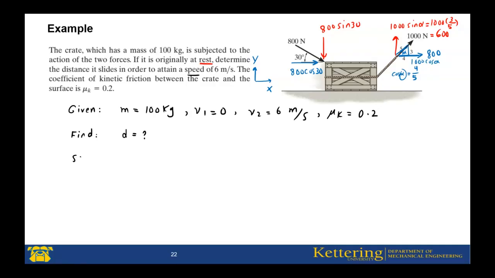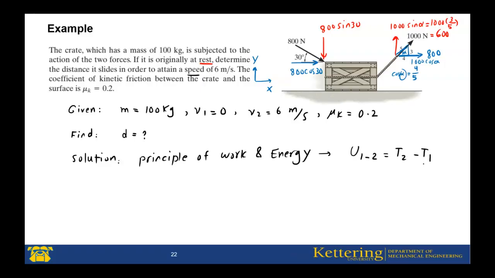For this problem, I want to use the principle of work and energy. This principle is that the amount of work done by all external forces is equal to T2 minus T1, or equal to 1 over 2 m V2 squared minus 1 over 2 m V1 squared.